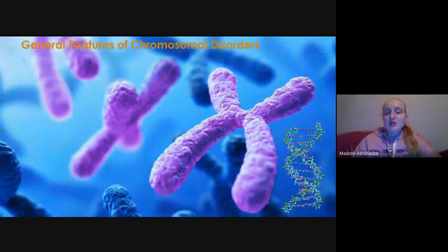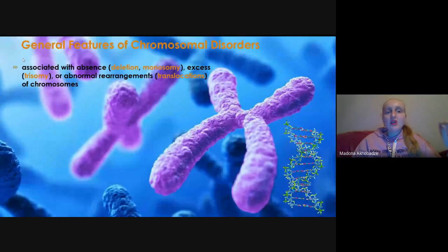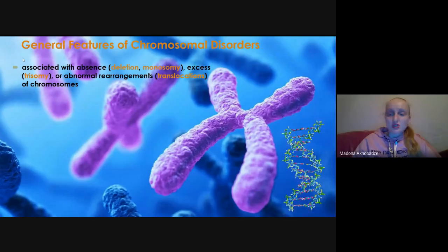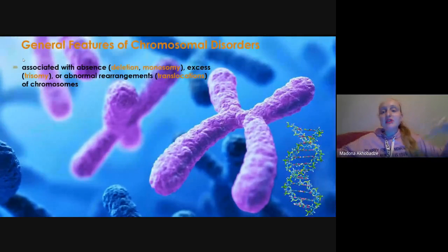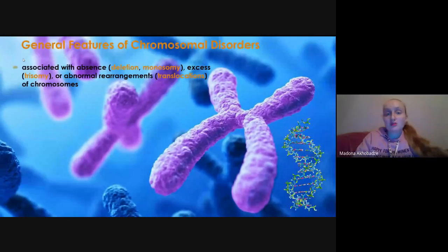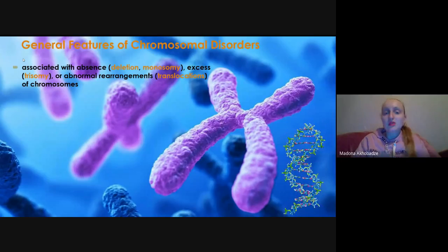So, what are the general features of chromosomal disorders? They're associated with the absence of genetic material, in the case of deletions of segments of the chromosome, or deletion of a whole chromosome. In this case, we've got monosomy, which means we have only one copy of this chromosome, not the pair.